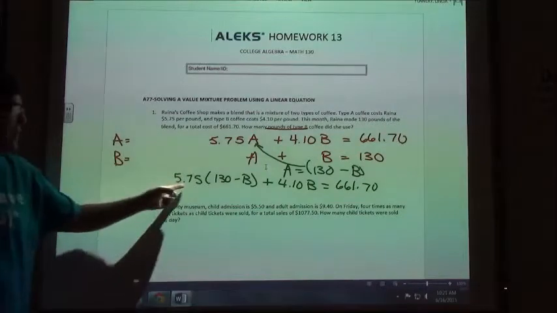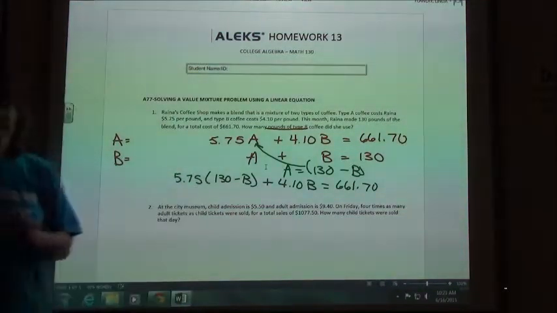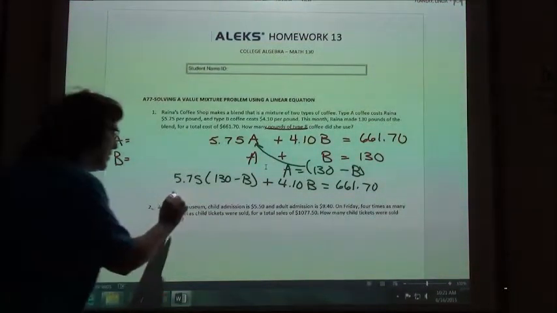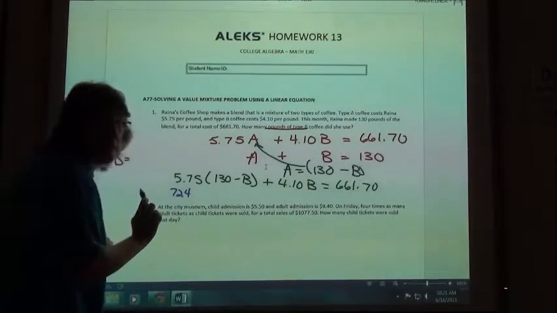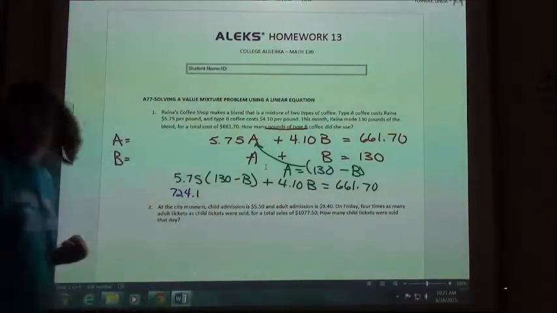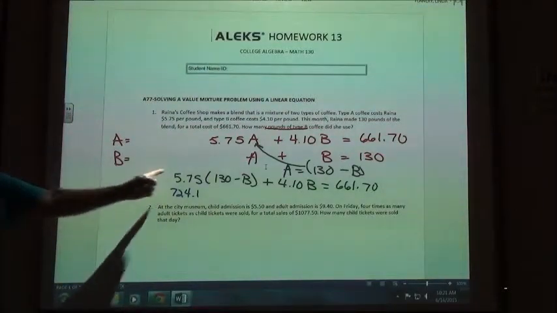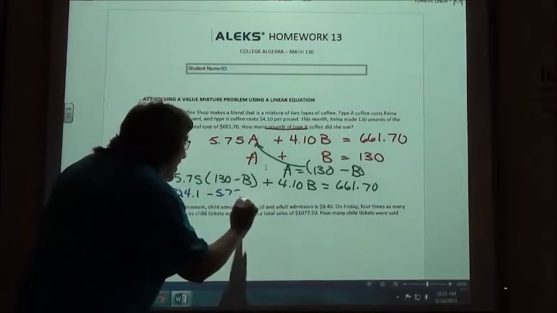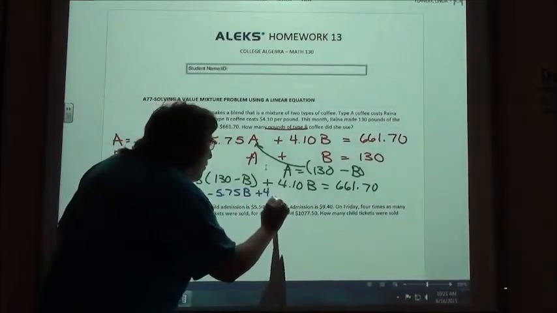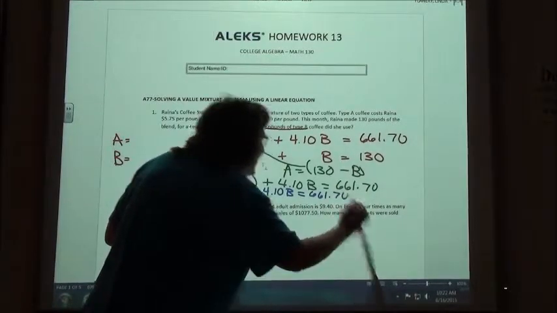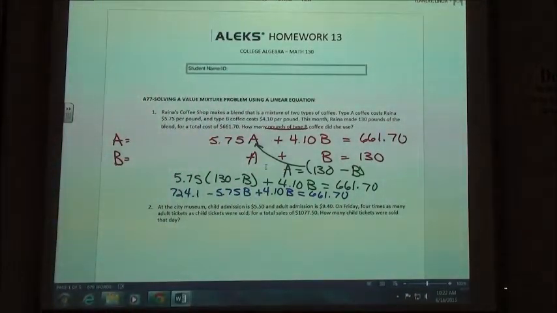Again, use your calculator. 5.75 times 130 would be 747.5. Okay? 5.75 times minus B would be minus 5.75B, plus my 4.10B is going to equal my 661.70.